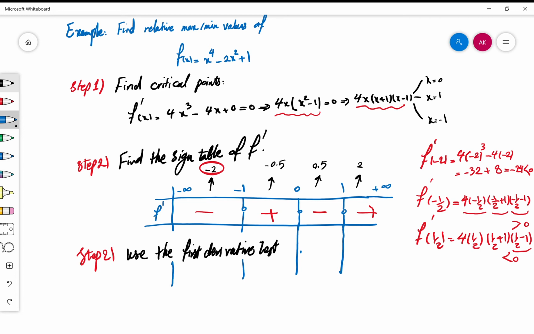For f itself, as f prime is negative, f will decrease, then increase, decrease, increase. If first decreasing and then increasing, this is a min.